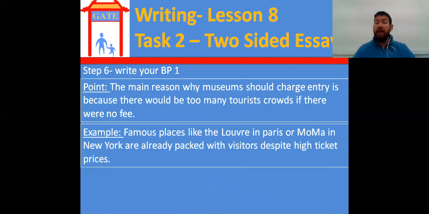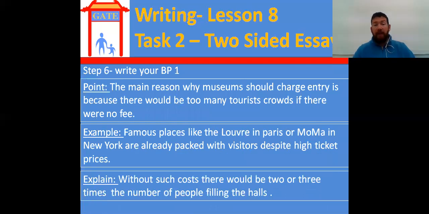My example, famous places like the Louvre in Paris or MoMA, which is the Museum of Modern Art in New York, are already packed with visitors despite high ticket prices. I've been to both of those museums or art galleries. Okay. Without such cost, there would be 2 or 3 times the number of people filling the halls.